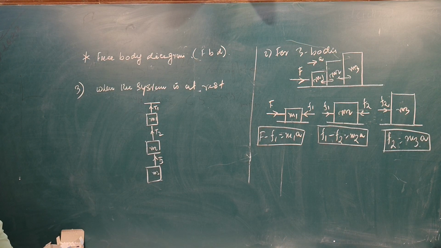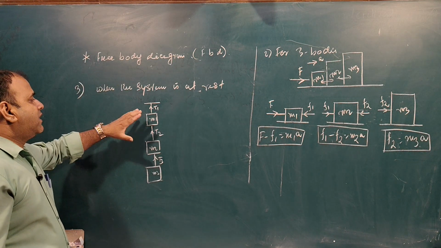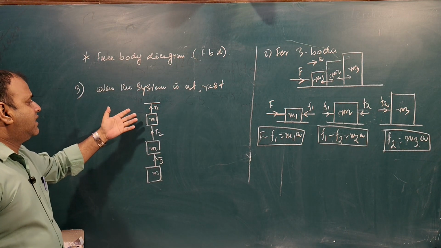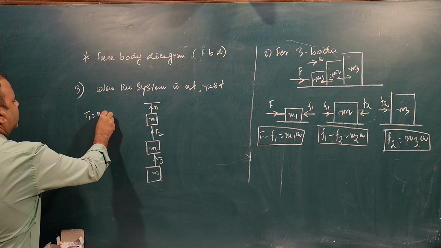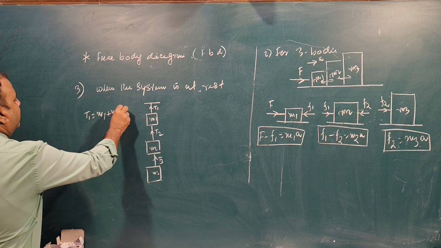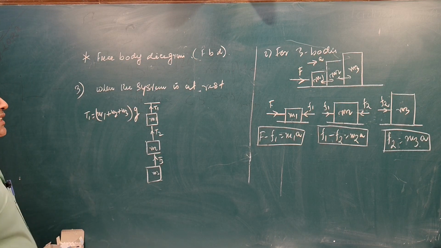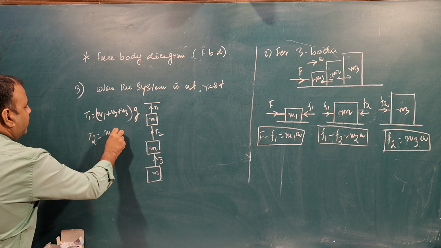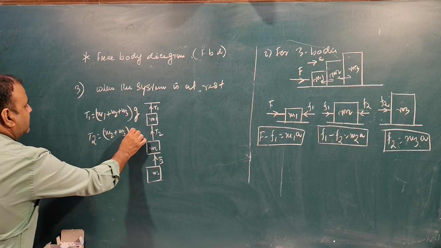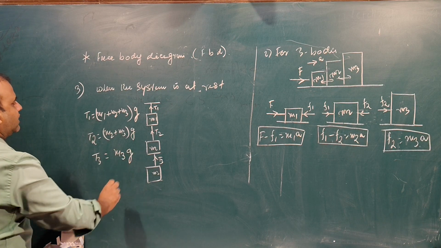So dear students, you always remember the formula always depends upon the system. If the system is at rest, then the formula will come like this: T1 is equal to M1 plus M2 plus M3 into g. T2 will be M2 plus M3 into g. And T3 is equal to M3 into g.